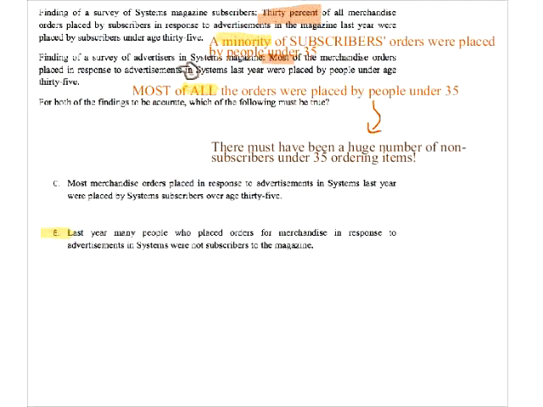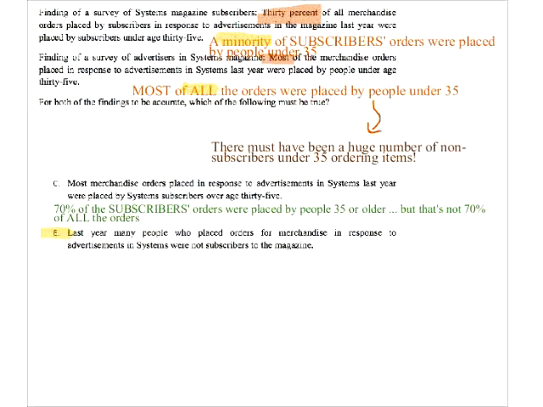What you can prove from this first paragraph is that 70% of the subscribers' orders were placed by people 35 or older. But that's just the subscribers' orders. And that's the problem. That's not 70% of all the orders. And that's the problem with this answer choice.